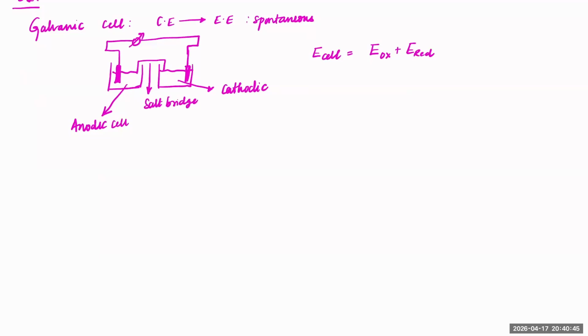We learned that E cell can also be represented as E naught of reduction happening at cathode minus E naught of reduction value of anode.